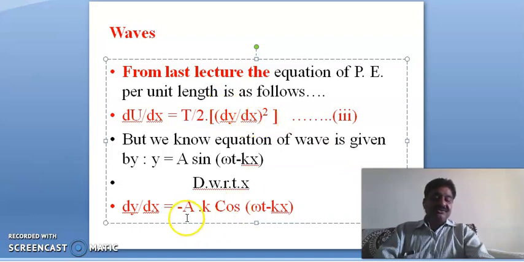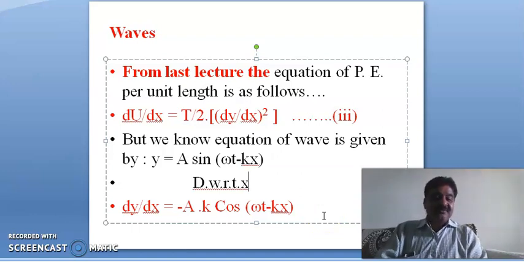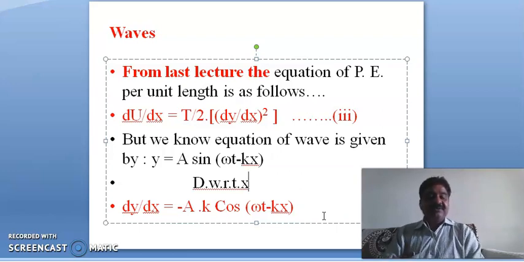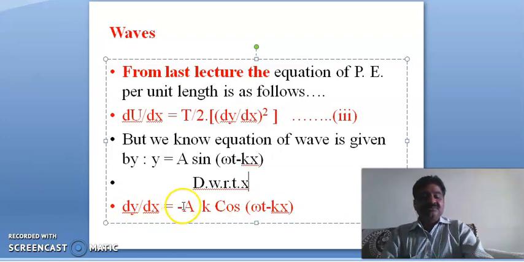So if we substitute this value here, then what happens? Whole square is there, that's why we have to take a square of this term, and square of a negative term becomes positive, you know. For example, square of minus 5 is minus 5 multiplied by minus 5, it is plus 25. Likewise, this minus term a k cos(omega t minus kx), by squaring we will get plus 1.